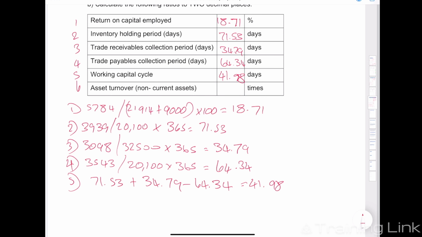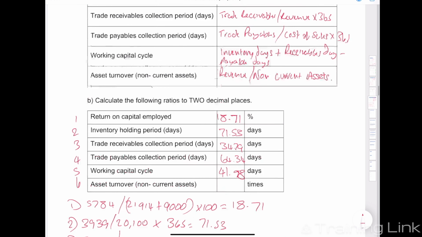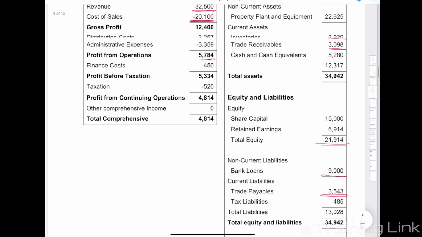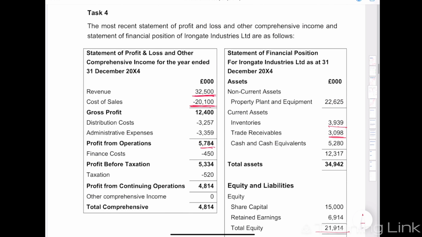And then last on the list is asset turnover using non-current assets. So this will be revenue over non-current assets. So we want to be taking our revenue figure, so 32,500, and our non-current assets figure, which is at the top of our statement of financial position.